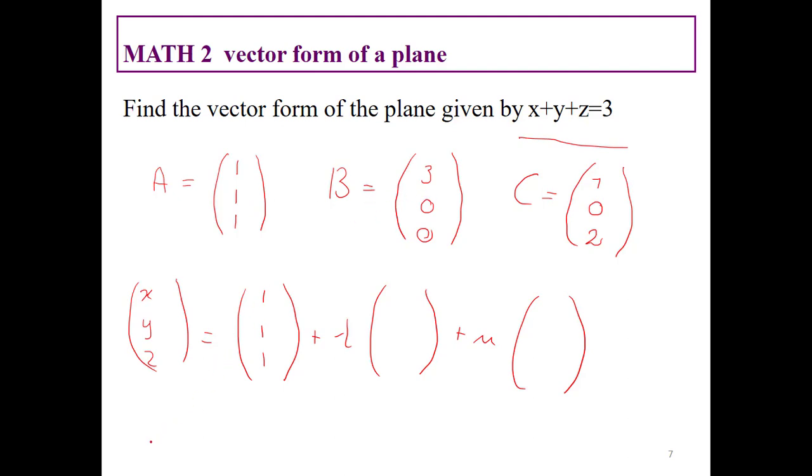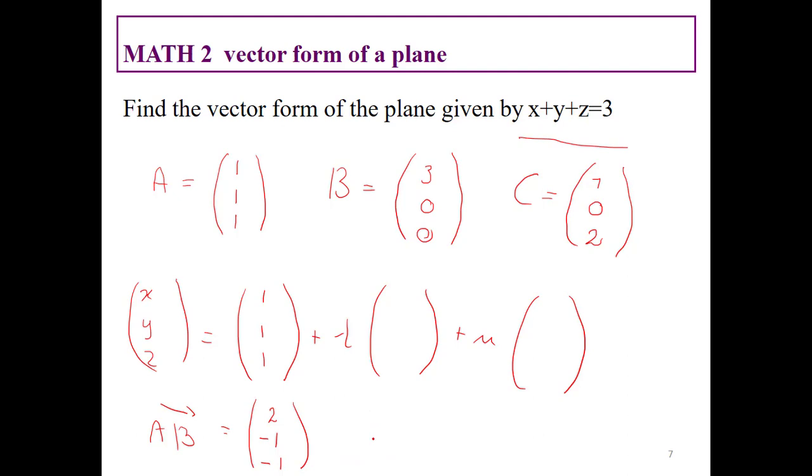So okay, let's look at a movement from A to B. How can we get from A to B? In the x direction, to go from 1 to 3, we need to go up 2. In the y direction we should go down 1, and in the z direction we should go down 1. So the direction vector to go from A to B is (2, -1, -1).